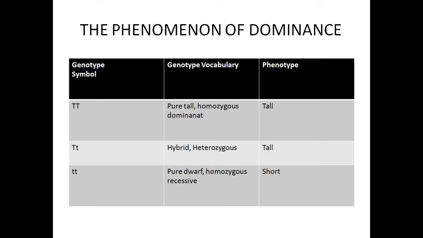The character which gets expressed in the F1 generation is the dominant character, and those that do not appear in the F1 generation we call recessive characters.